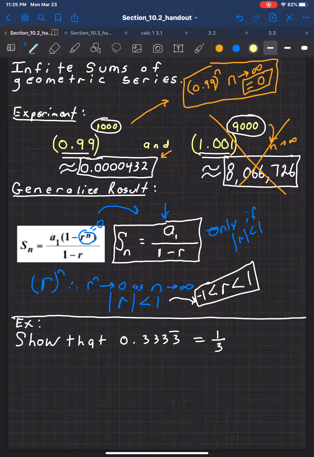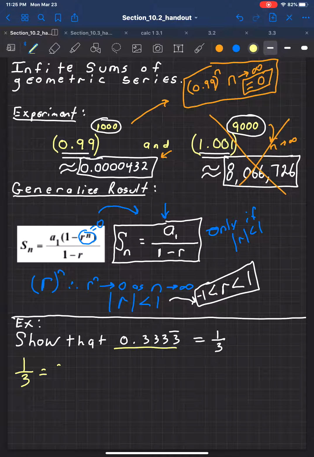And let me go back to a teaser that I gave at the end of the last video. Can you actually show that 0.3333 forever, ad infinitum, is equal to 1/3? All right, well, let's see if we're up to the task. Well, first off, let's think about how can we interpret 0.33333 forever?